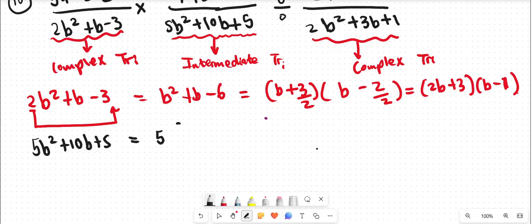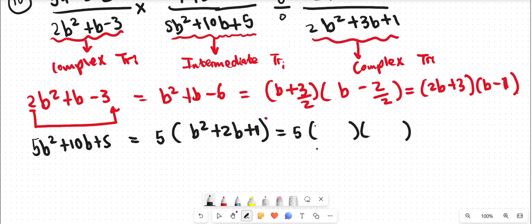I take out a common factor of 5. B squared plus 2b plus 1. I get a 5 outside, and then I do my trinomial, b plus 1 and a b plus 1. So there we go. Then the last complex trinomial, which is a 2b squared plus 3b plus 1.